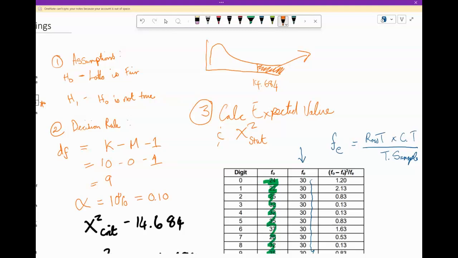Yes, it is the rejection region. Because what did we say?